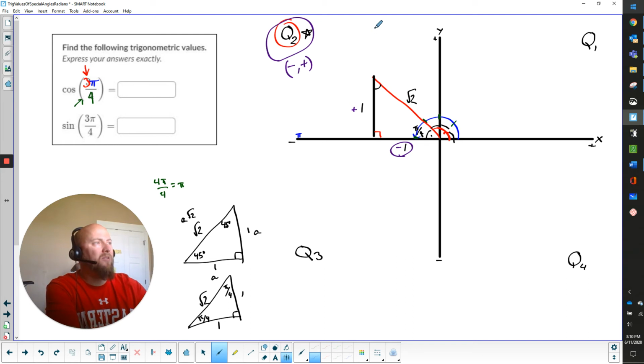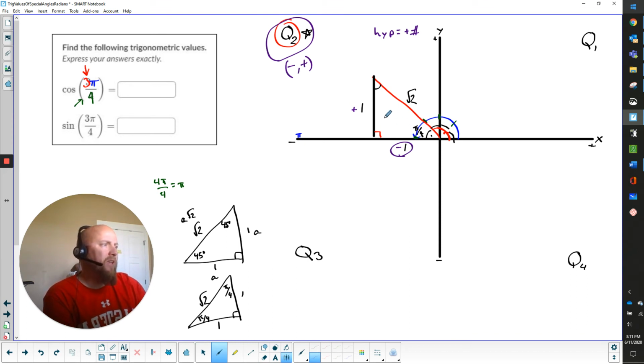Now, hypotenuse, until further notice, probably late in the year pre-calc, the hypotenuse is always going to be a positive number. Okay, we'll explore something down the road called polar coordinates, and that's a different day. But for this course and for the foreseeable future, your hypotenuse is always going to be a positive value.